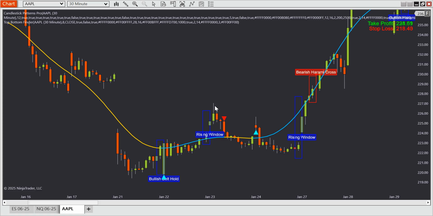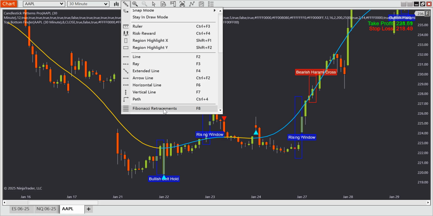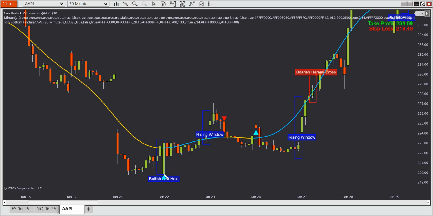We see a great move up, and then very simple fib work. Once again, we've got a range here from this low, anchoring it on this high. Slow retracement, not a quick one, but we still see a retracement into the discount of the current range.